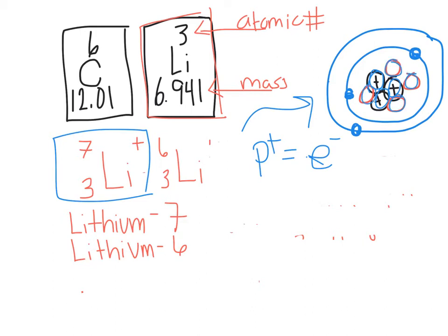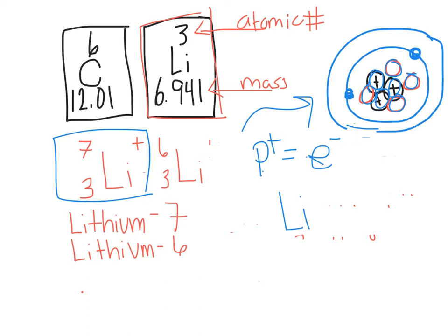That's why it weighs 7, all right, and then normally protons equal electrons. Now, the electrons are the negative part. So if I take away one of these electrons right here, then that's going to give me a positive feeling lithium.